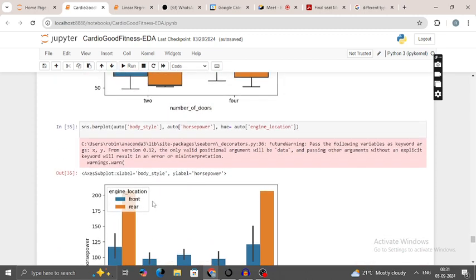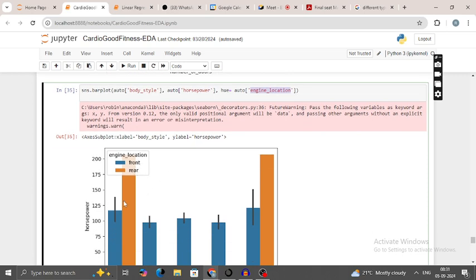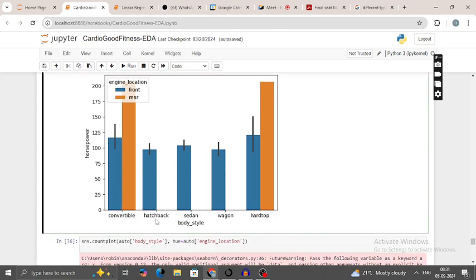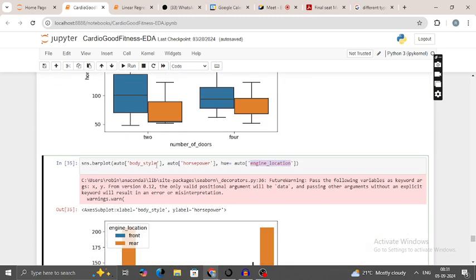Okay. So bar plot also I told you. In a bar plot, one is numerical, one is categorical. Body style is categorical always. Horsepower is a continuous value always, and based on that, engine location. Now you see engine location, front or rear, versus horsepower. See, two categorical variables, two objects.